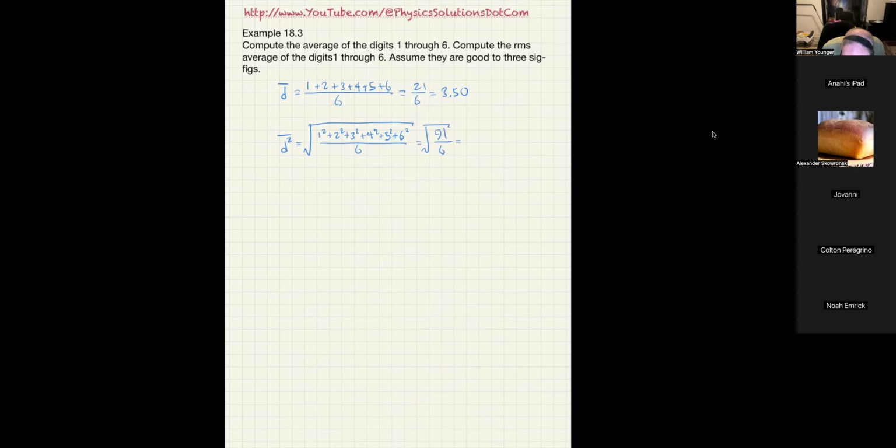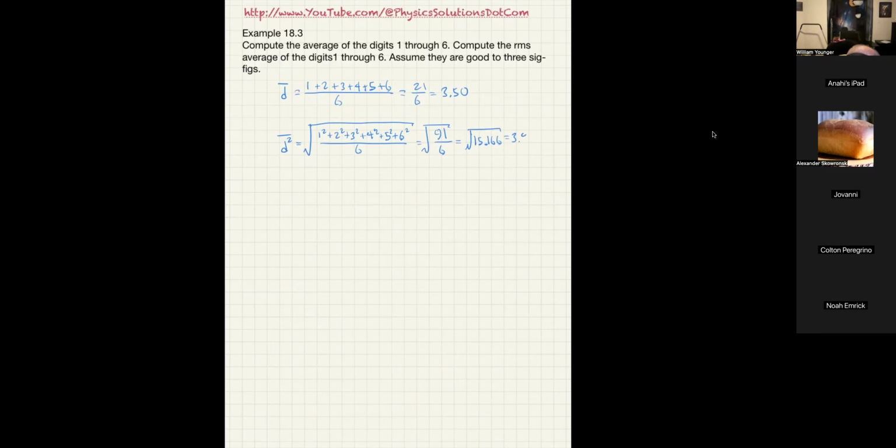I happen to know that 6 goes into 90 15 times, and that would leave 1 left over. So this is the square root of 15.166 on forever. Hopefully y'all are following me on all these calculations so you can check any arithmetic errors.